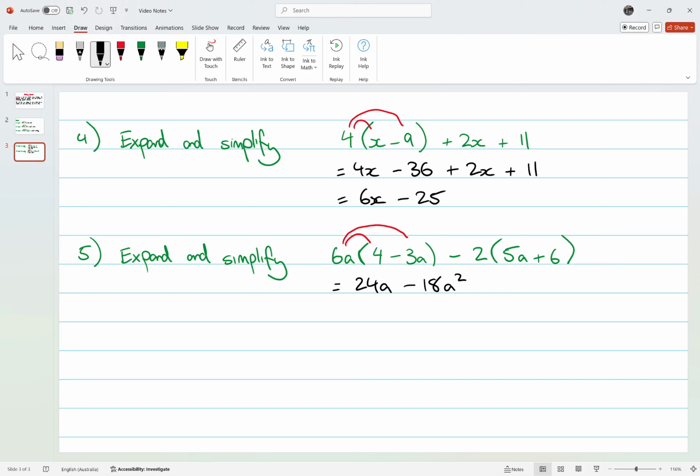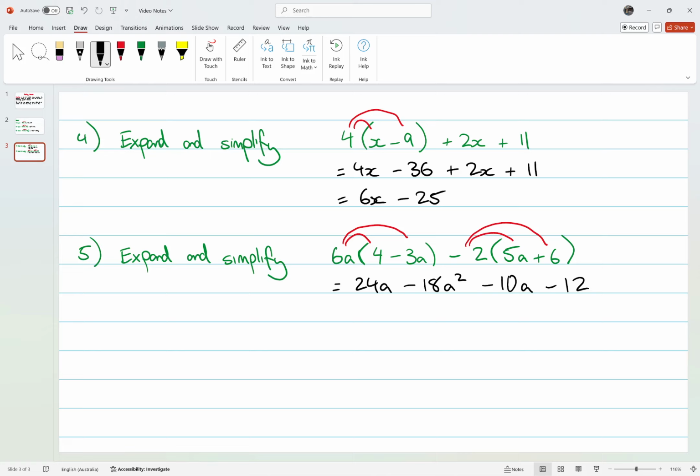And then going into the second set of brackets, be careful that this is saying negative 2, so we need to multiply each term inside by negative 2. So negative 2 times 5a equals negative 10a. And then we also have negative 2 times 6, which equals negative 12.